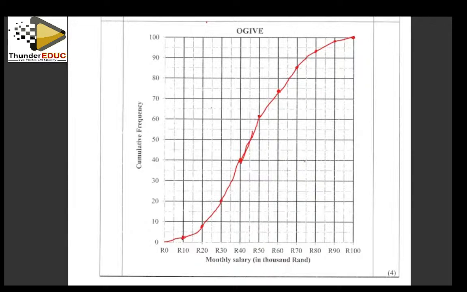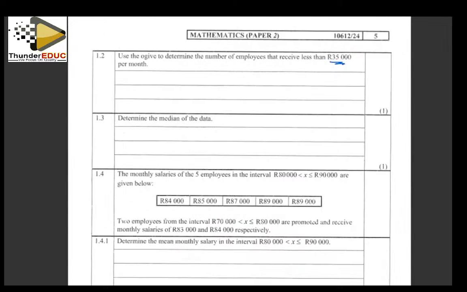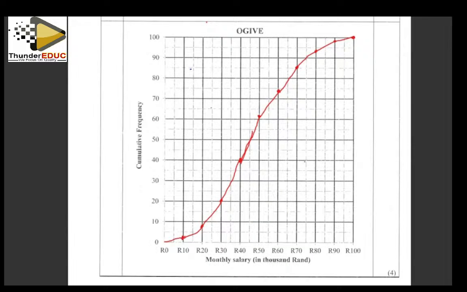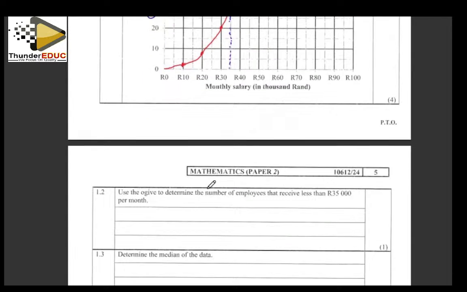Then let's draw a line up until it meets the ogive, and then we read the value on the side. So we have 30 people altogether. So that's going to be 30 employees.